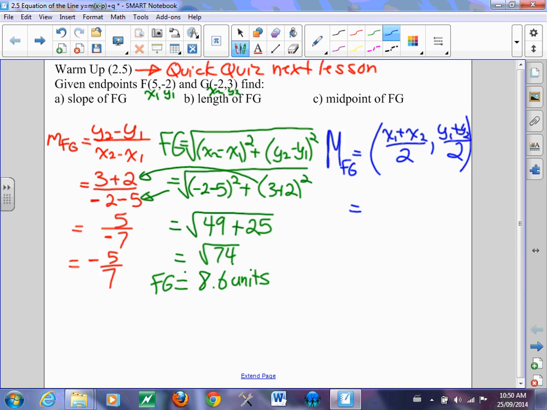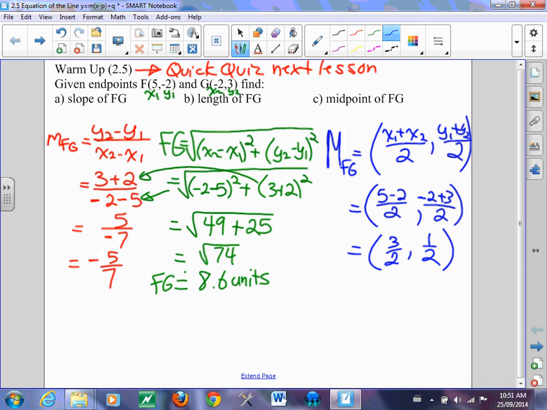When we do this, I always put my comma and my brackets first because people tend to forget it's an ordered pair, and the communication gets deducted there. So it's going to be 5 minus 2 divided by 2, and negative 2 plus 3 divided by 2. Plugging it in to simplify, you're going to have 3 over 2 and 1/2.